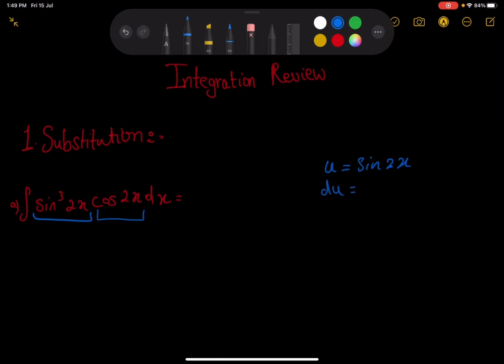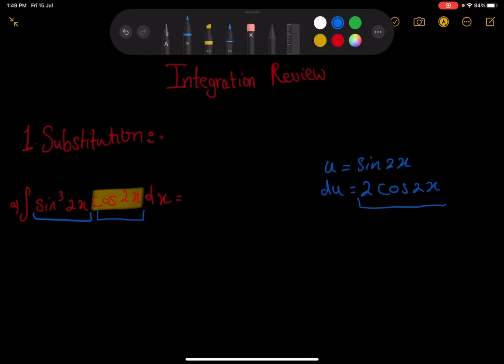The derivative of sine 2x is 2 cosine 2x. As you know, we take this 2 outside, multiplied by the cosine, the derivative of what is inside the sine, and the derivative of sine is cosine. The angle stays the same. Now I have 2 cosine 2x, which is similar to this one, however I don't have the 2.